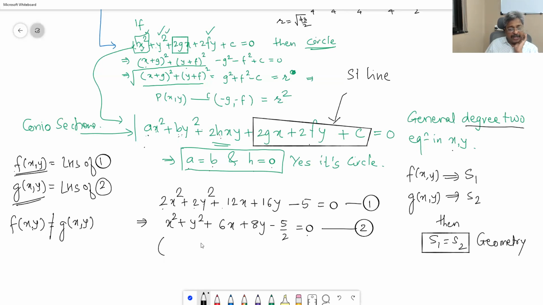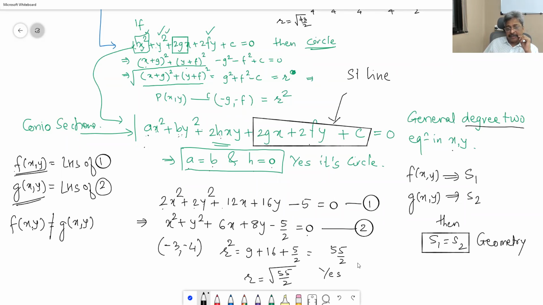Then I know how to find out center. It is -3 comma -4, and radius square is equal to 9 plus 16 plus 5 by 2, right? 55 by 2 is radius square. Therefore r is equal to root 55 by 2.